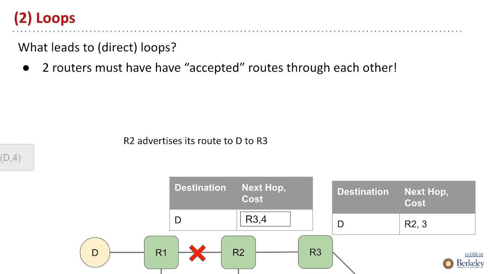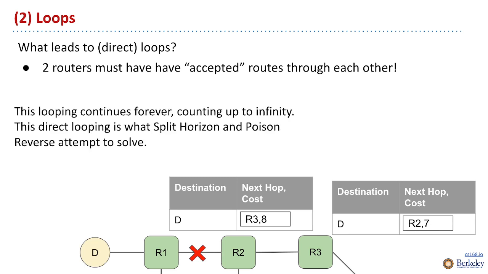Unfortunately, this is just going to go on back and forth. They're going to keep passing these updates to each other and updating the costs, counting all the way up to infinity. So I get to 6, to 7, to 8, and this continues forever.